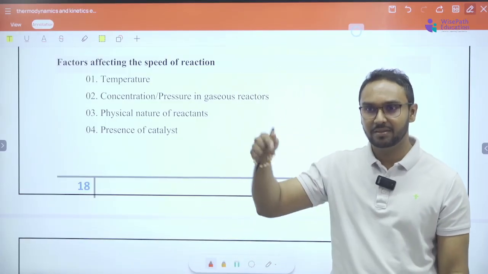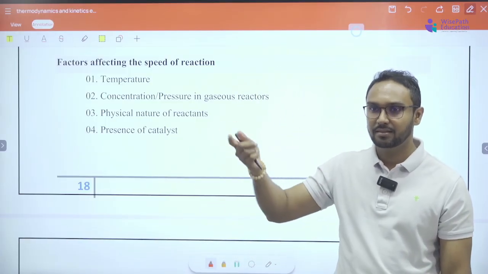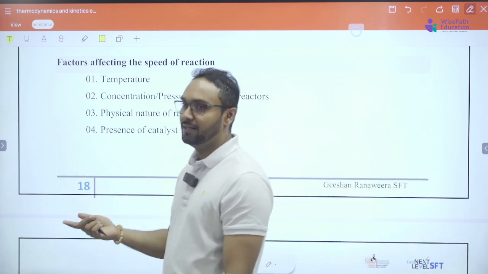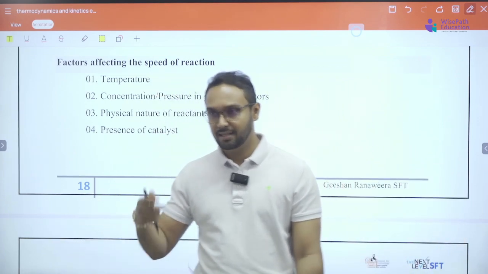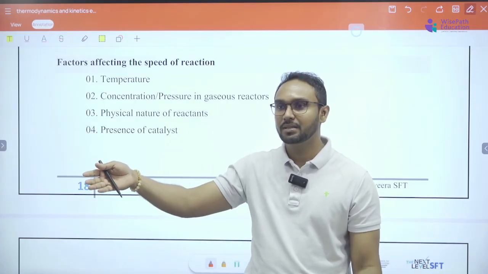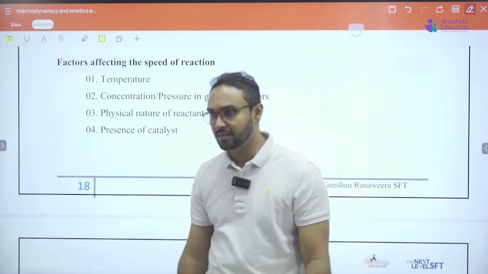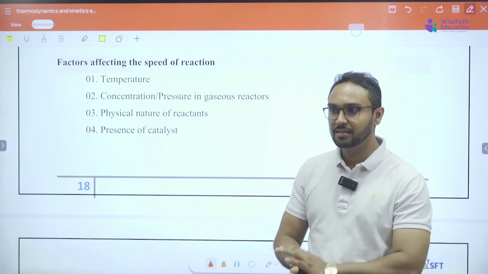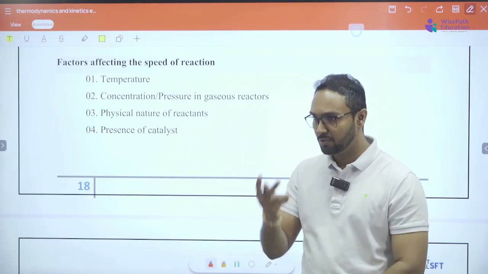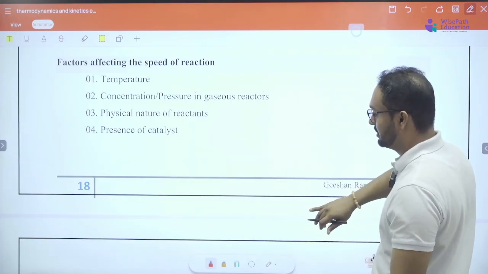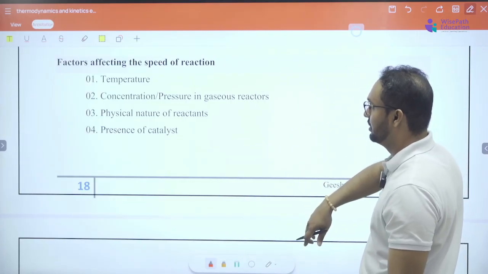The fraction of molecules that overcome the activation barrier is increased. That is how the rate of reaction is improved because of temperature. Two factors are there.